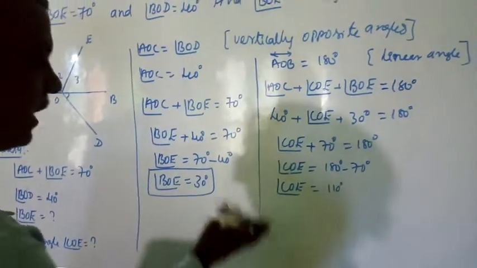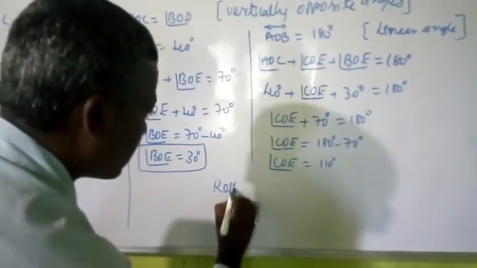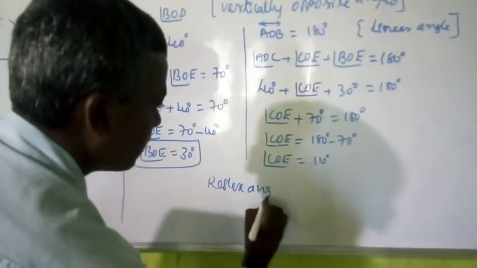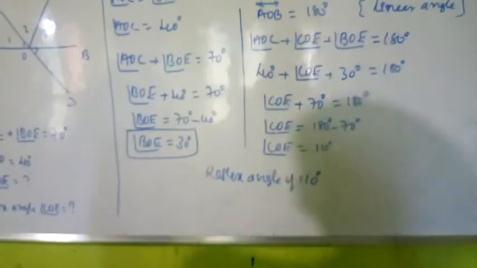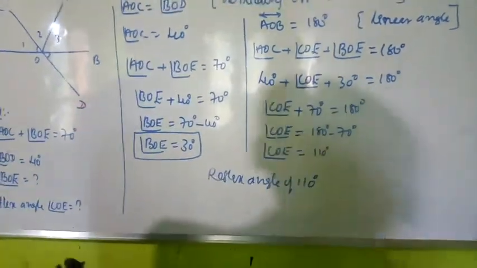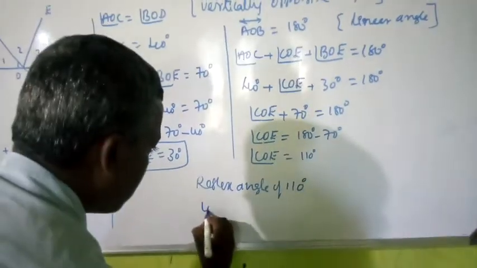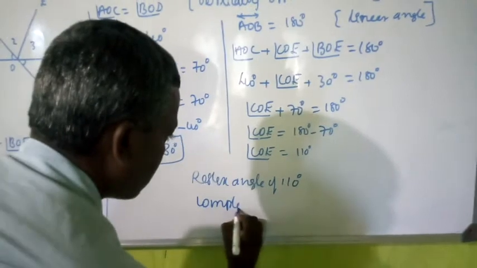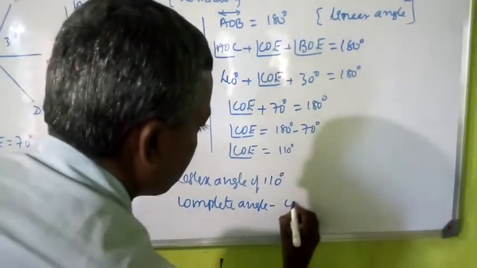Here we want to find the reflex angle of 110 degrees. So what is the reflex angle of 110? A complete angle minus COE.